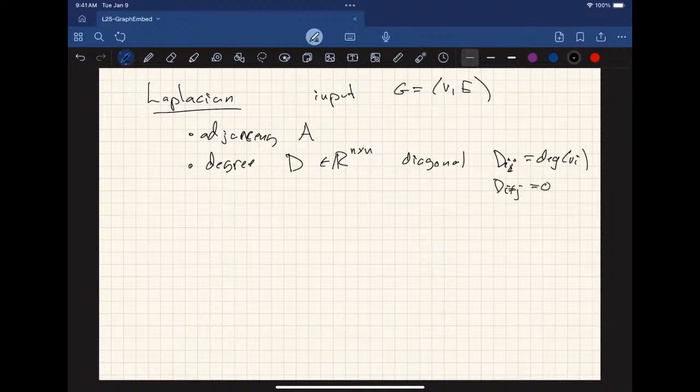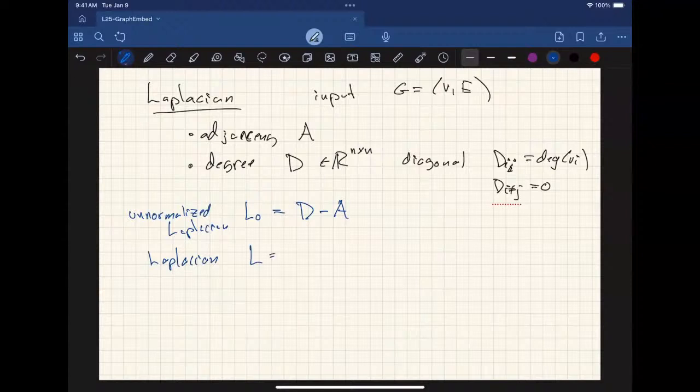All right, so this was the degree matrix, and we talked about 2 versions of the Laplacian: the unnormalized Laplacian L0 was just D minus A, and then what we just called the Laplacian, sometimes called the normalized Laplacian, is going to be equal to the identity matrix minus D to the minus 1/2 times the adjacency matrix times D to the minus 1/2.